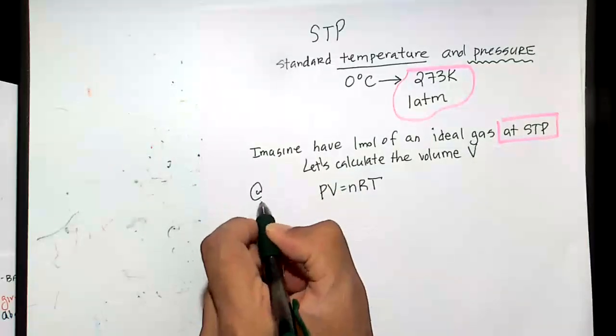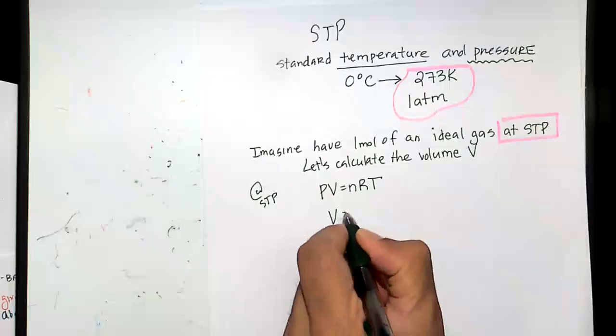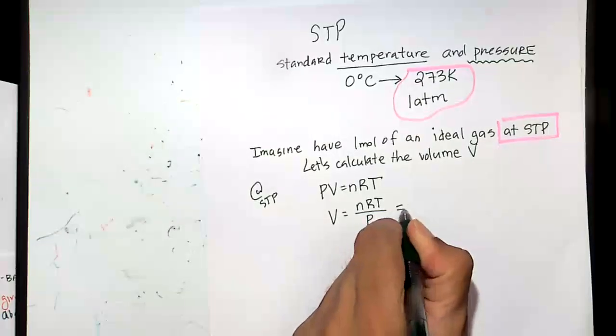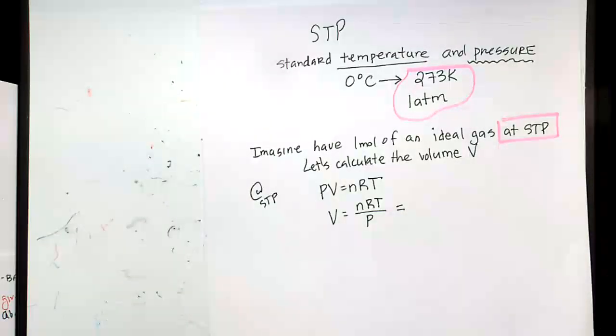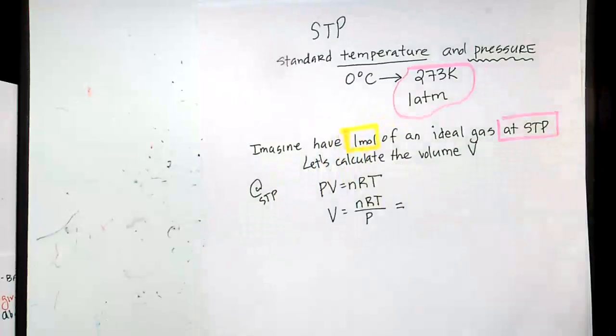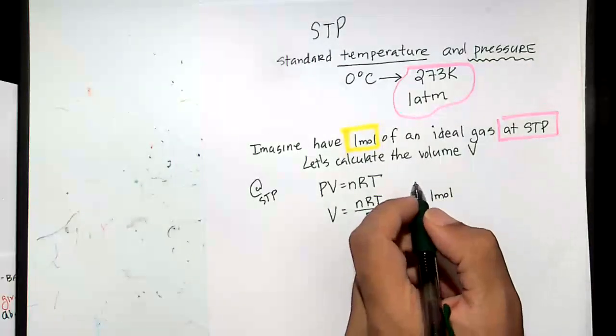We're doing this at STP now. V equals nRT over P. Like I mentioned before, we have 1 mole of the ideal gas. Imagine we just have 1 mole. Any gas.